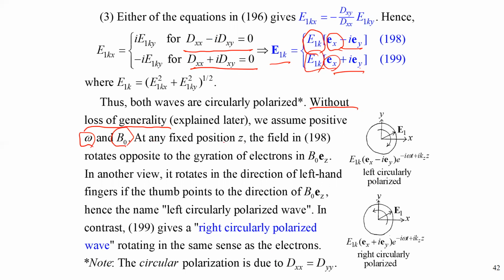At any fixed position Z, the field in equation 198 rotates opposite to the gyration of electrons in B0. So let's draw the X direction, Y. Obviously Z will be pointing out of this plane.